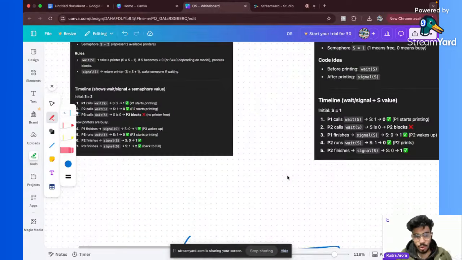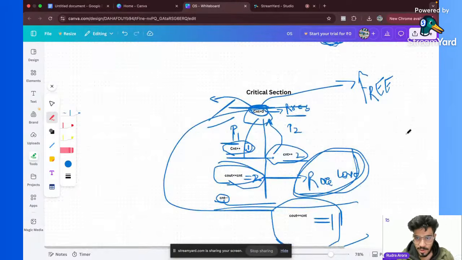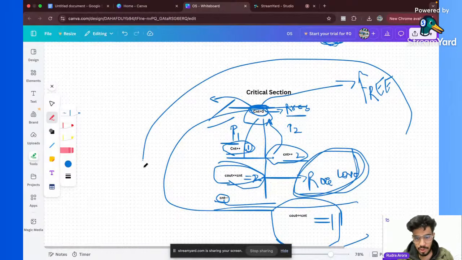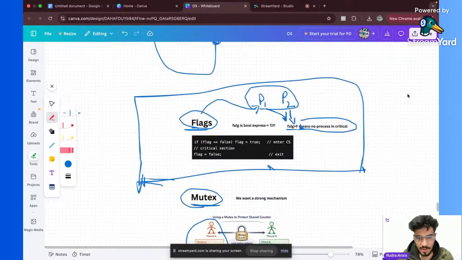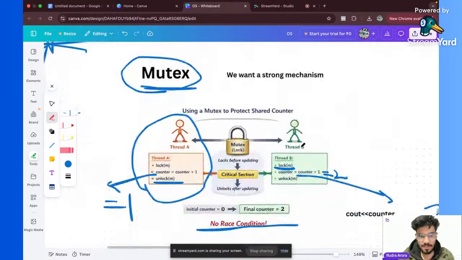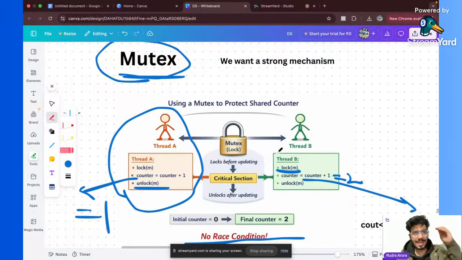No race condition is actually achieved in this, and this was happening before using any kind of mutex or locks, and this is what we achieved after using mutex. So mutex means mutual exclusion, right? Its full form is mutual exclusion. Mutual exclusion means that you are isolating one thread from the outer environment.